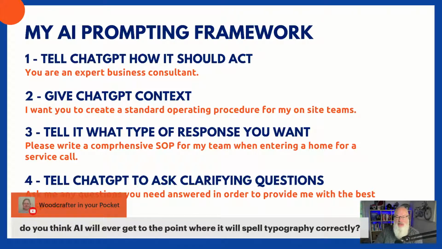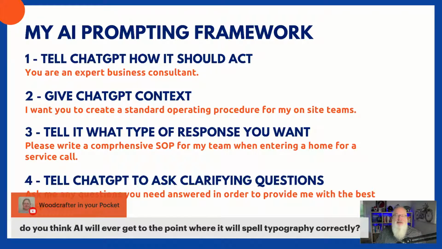Woodcrafter asked, do I think AI will ever get to the point where it will spell typographically correctly? Yes, I do. I think we're going to be there probably by the end of the year. But keep in mind that one of the reasons it doesn't spell correctly at the moment, or at least not consistently, is that it's looking at those letters as pixels, not as letters like we are. So we think it's easy. Just put an L on it, or if we're typing in prompting, just put PROMPTING.